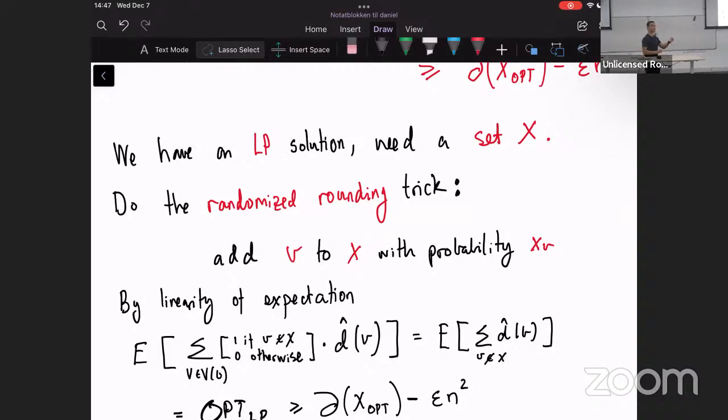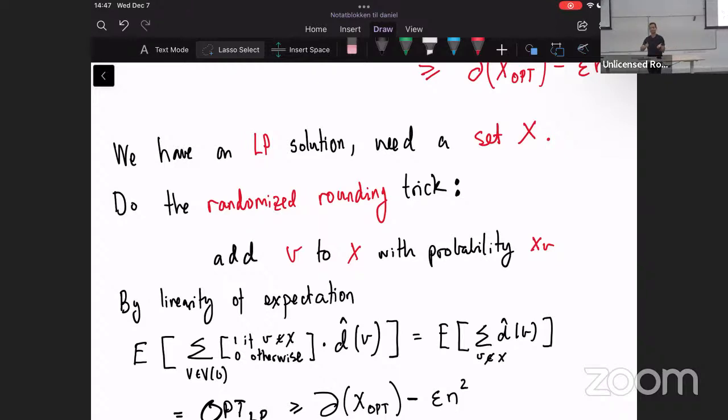I need to ask two things. One is, what will the value of the ILP objective function be? And the second is, will this be a feasible solution? What will the degree of every vertex into this rounded set be?